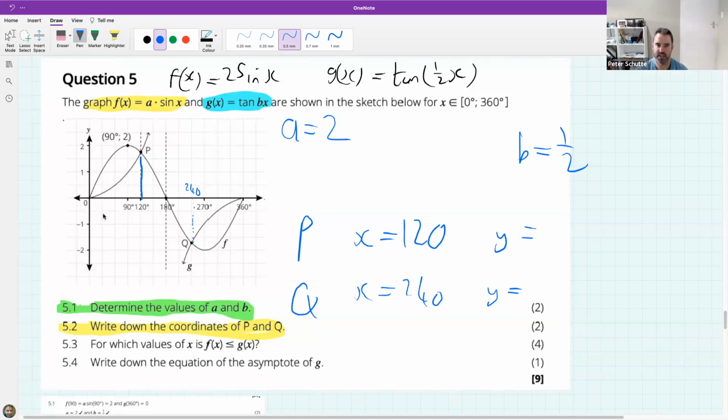Yeah, you just sub it in. And because it's in line with the intersection points, I would just use the simplest function I could find. So I'm going to say 2 sine 120 for that one, and then here I'm going to say 2 sine 240. And notice how I'm just subbing in the values.